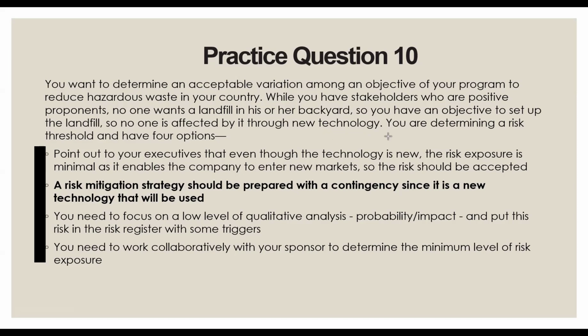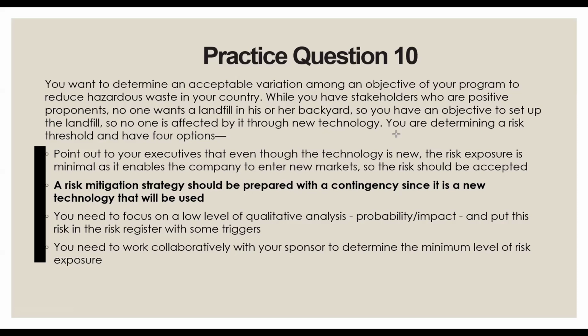You want to determine an acceptable variation among an objective of your program to reduce hazardous waste in your country, right? While you have... read the last line. No, I'm coming to that. While you have stakeholders who are positive proponents, no one wants a landfill in his or her backyard, right? So you have an objective to set up the landfill so no one is affected by it through new technology.